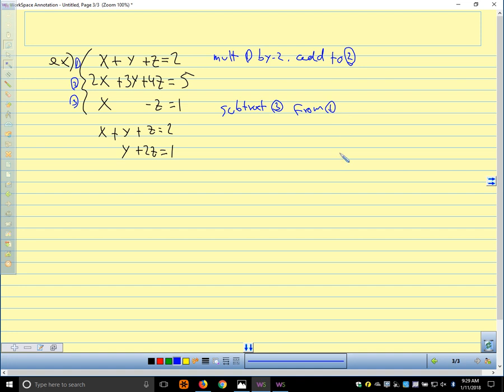If you're prone to making sign errors, plus minus errors, it might be easier to multiply by -1 and add, but we get the same result. So x minus x, we get a 0x. Y minus 0, we get a 1y.